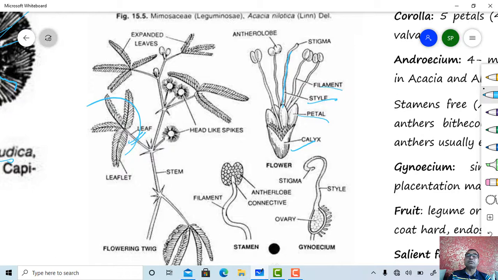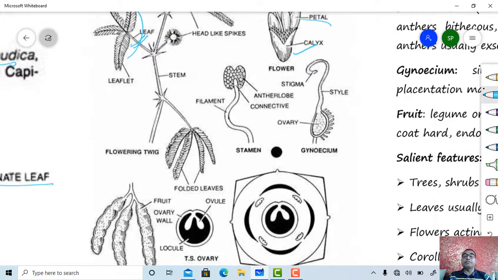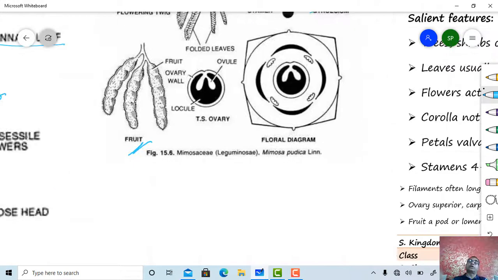These are the stamens, filaments of the stamens, and these are anthers showing the anther lobe. See the typical stamen, anther lobe. Then this one is the region of connective, filament. This one is the whole gynoecium. This is the ovary, style, and stigma, and these are the fruits.